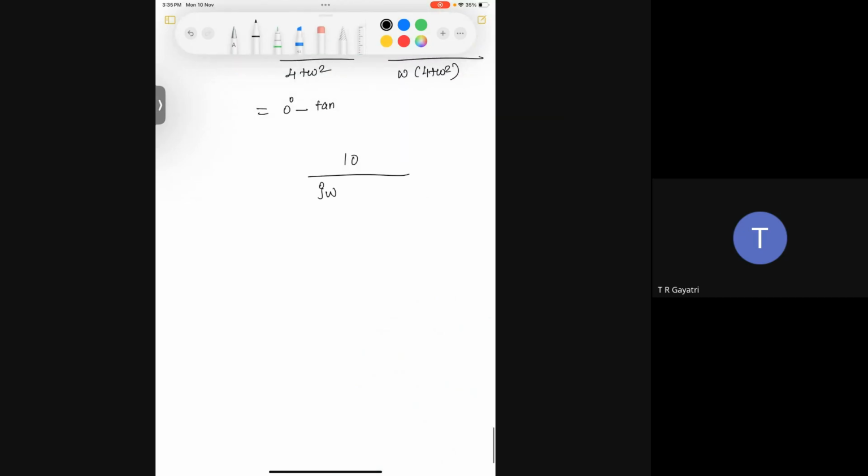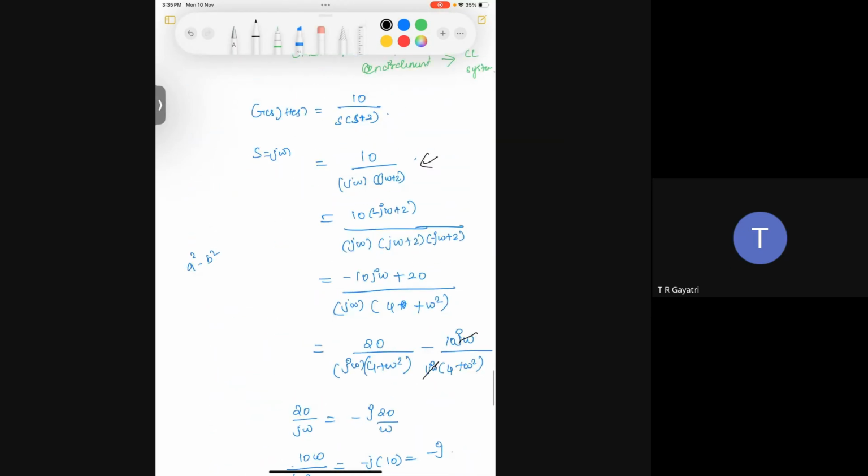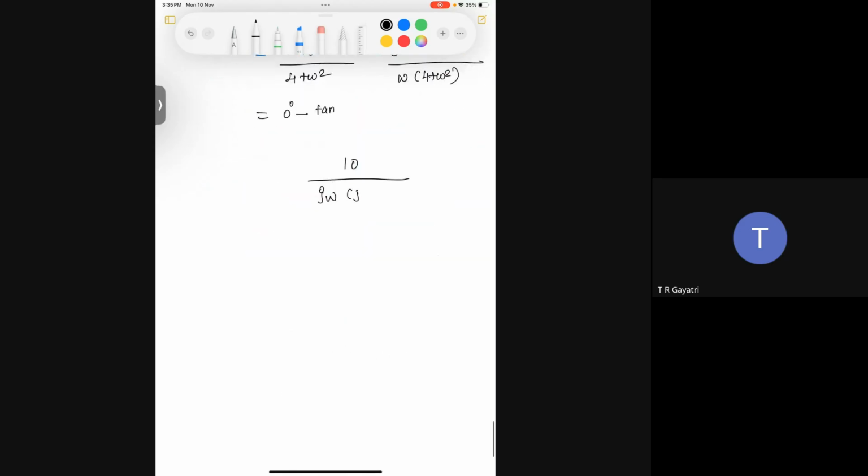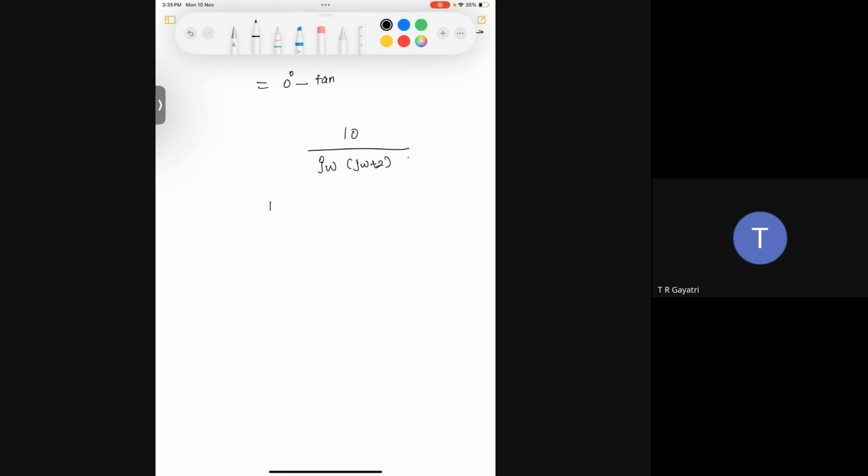So that is for the magnitude calculation. 10 j omega divided by j omega plus 2, right? So how will you write the angle for this? For the angle, 10 will be 0. For the angle of j omega, it will be 90 degree. I'm just writing for j omega, 90 degree. We will come to the denominator part.